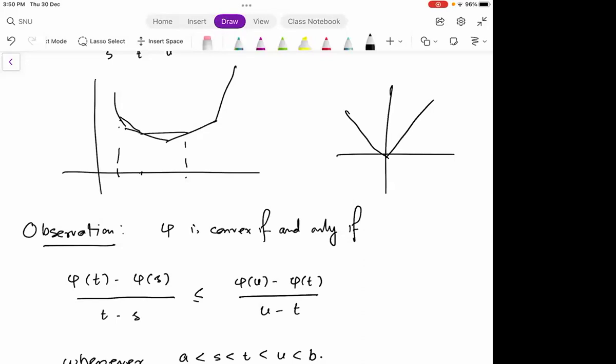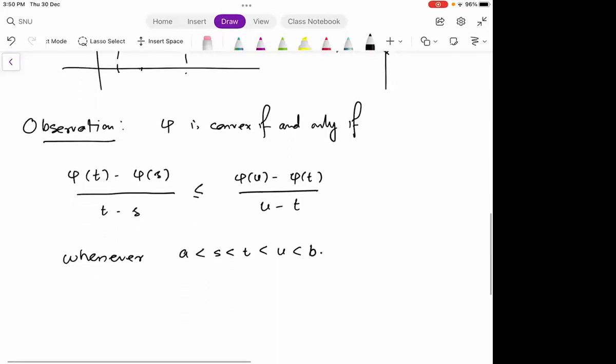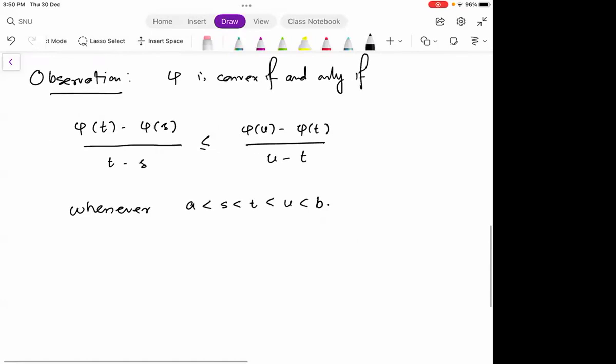So convex functions have a certain kind of graph. That's what is being said. We'll do better than this. We shall find better criteria. Okay. The proof is as follows.